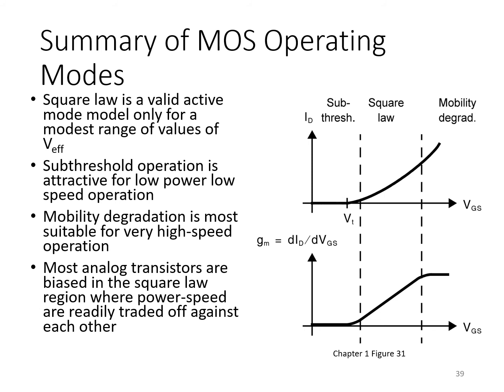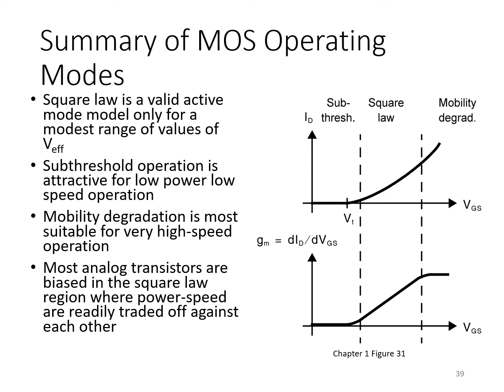If the answer is yes to these questions, then probably I should size it so that it's on the verge of subthreshold. On the other hand, if I really need very high speed from that transistor, I'm more likely to bias it up here with a larger value of V effective, close to mobility degradation. And you will know what these numbers are because you'll do your pipe cleaning simulations with the transistors right at the start of the design process.